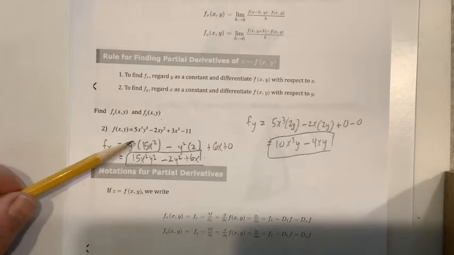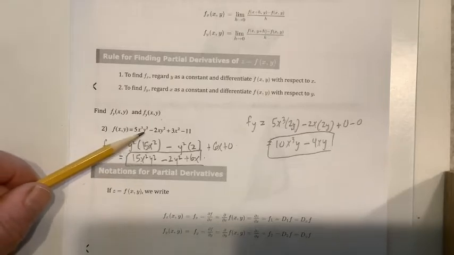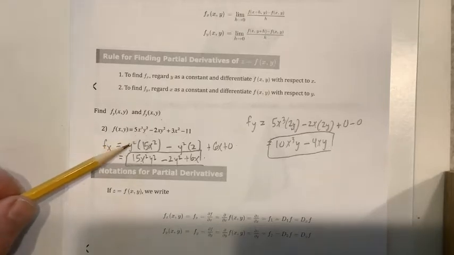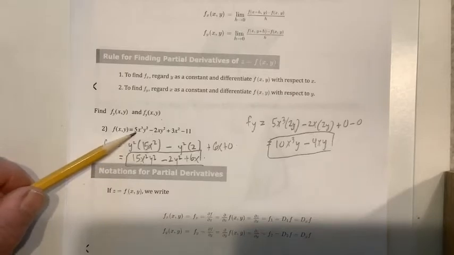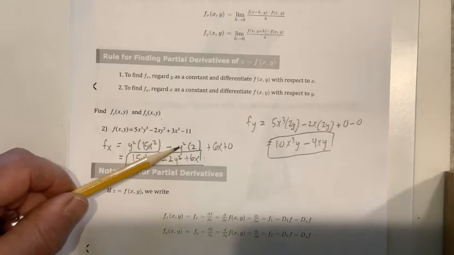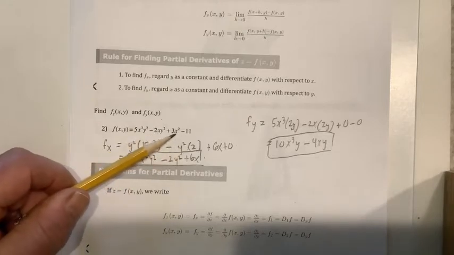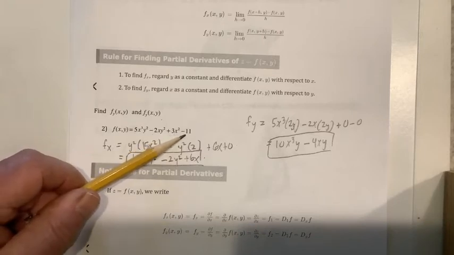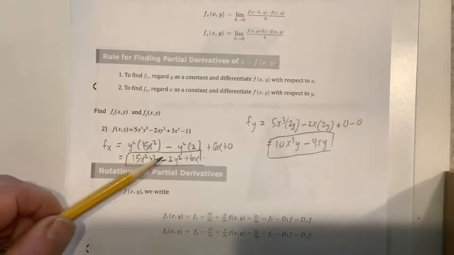You're letting y fixed. So in this first term, think of y squared as a constant. So the y squared factors out, and you have 15x squared. Second term, the y squared is a constant, so you factor that out, and you take the derivative of 2x, you get 2. Here, we're taking the derivative with respect to x, so you get 6x, and the derivative of 11 is 0. So this is the partial with respect to x.